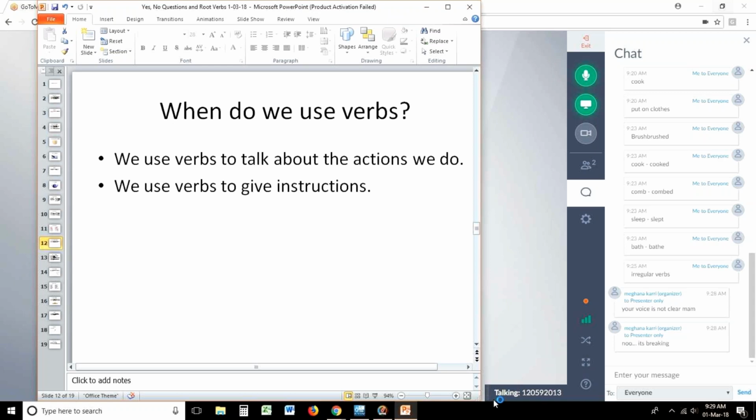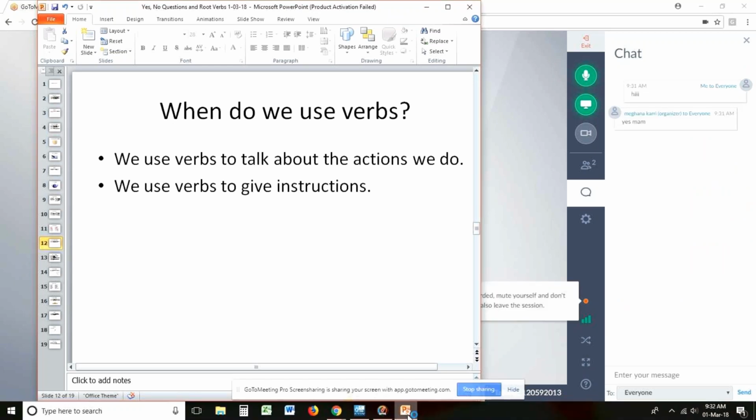What are the different places where you use verbs? I mean, I told you about the two places where you use verbs. The first one is we use verbs to talk about the actions that we do. Second, we use verbs when we want to give instructions to someone.